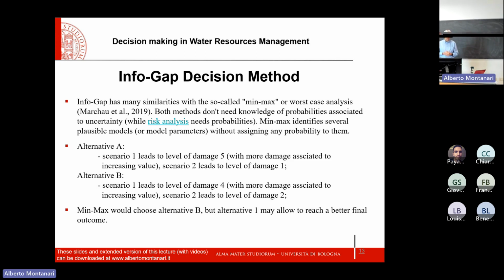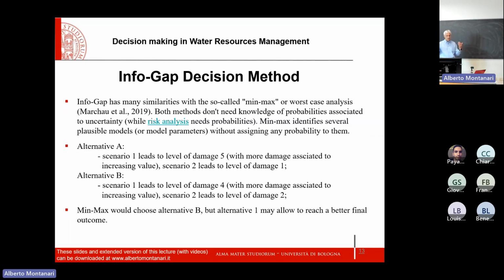So scenario one leads to the level of damage 5, with more damage associated to increasing value. So 5 is quite substantial damage, okay? Alternative A with scenario 1 leads to a level of damage 5. Scenario 2, again with alternative A, leads to level of damage 1.